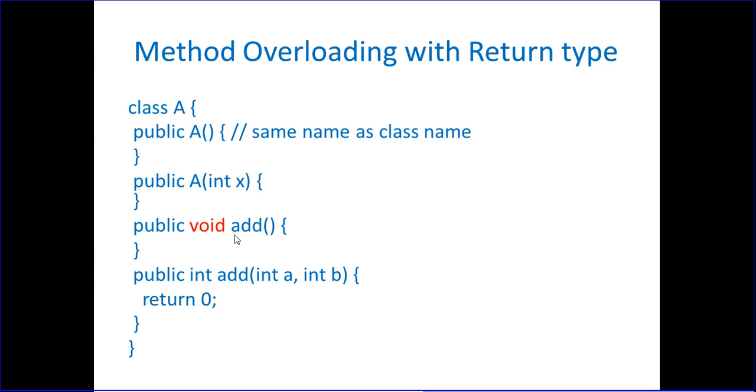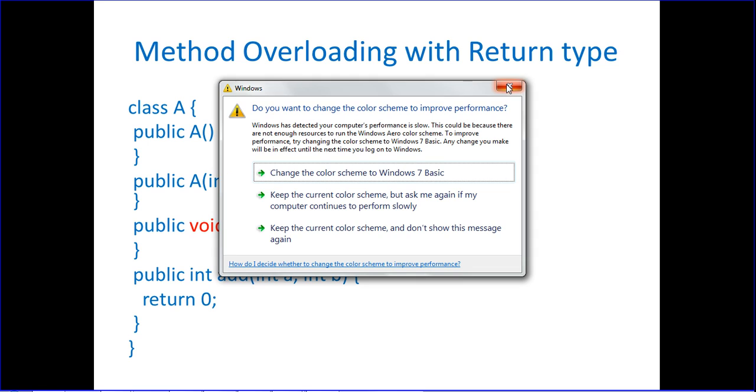So here is the overloading method with the change in number of parameters and also the return type. Public void add is one function with the name add. This is another function with the name add, which has a change in the return type and also a change in the parameter list.